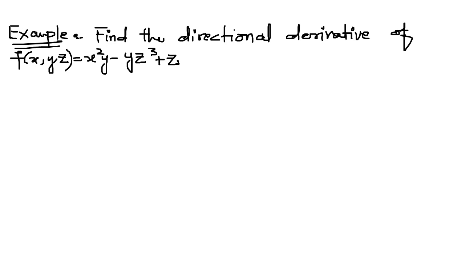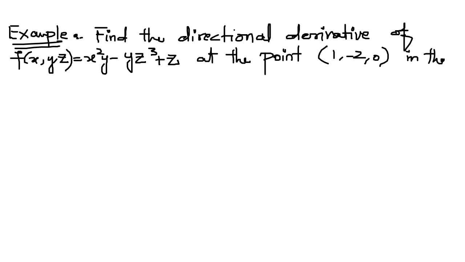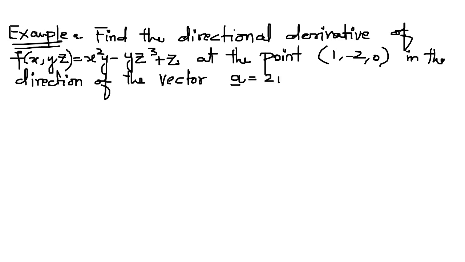Okay, at the point -1, -2 and 0, in the direction of the vector A, which is equal to 2i plus j minus 2k. Okay.